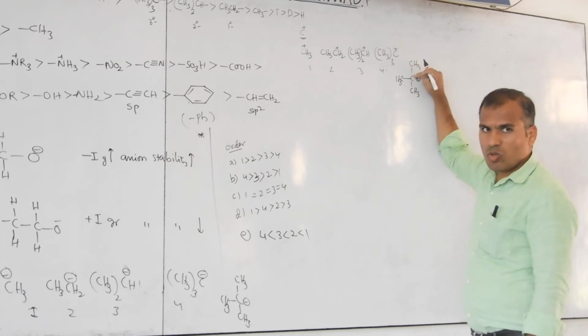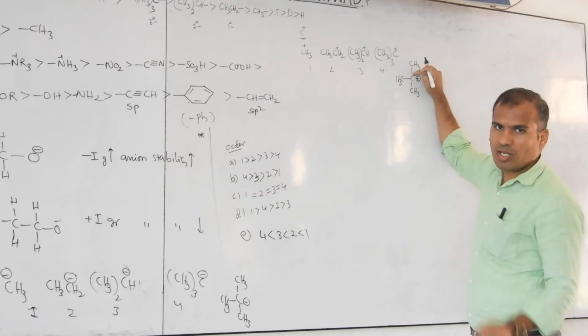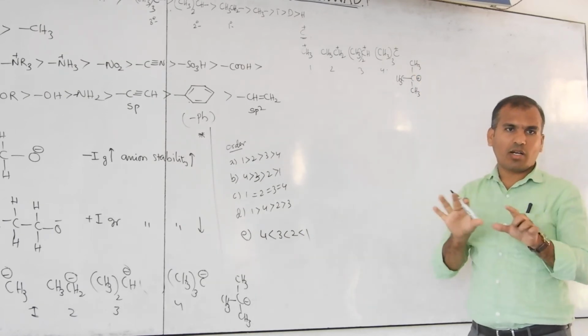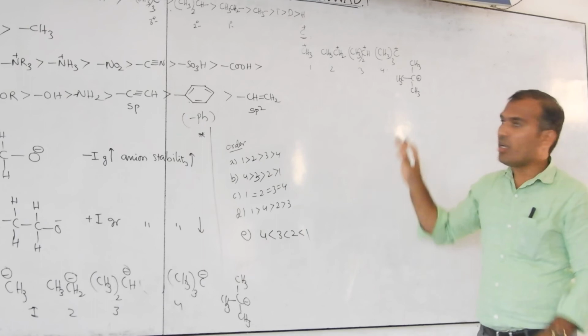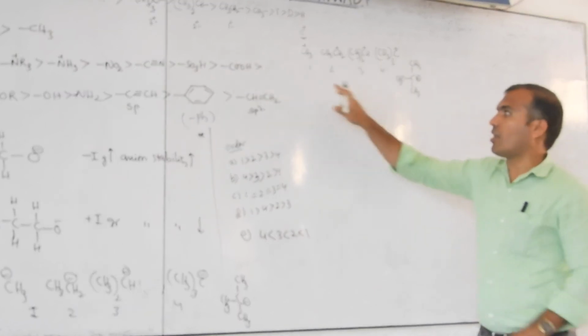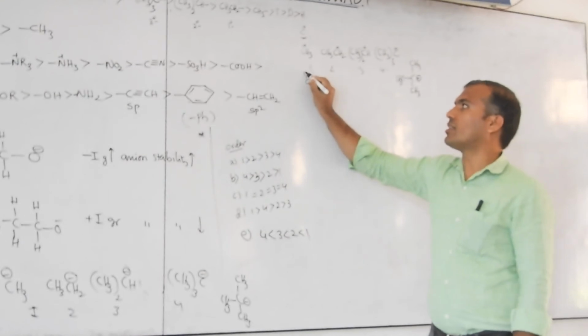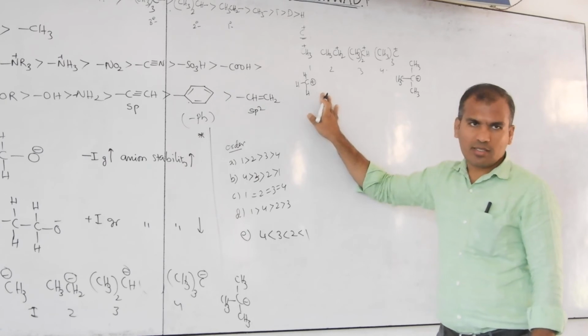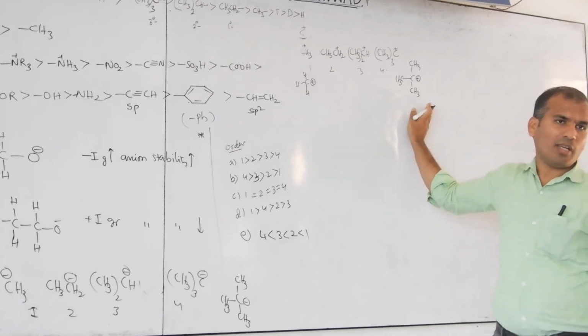Negative charge means an electron donor group. Donor group means they are giving negative charge. Negative and positive neutralize, which means the charge is dispersed to all atoms. Then the magnitude of positive charge decreases, and then it is more stable. Here there is no decrease, no increase, just the normal complete positive charge as it is. That's why it is least stable, and this is the most stable.